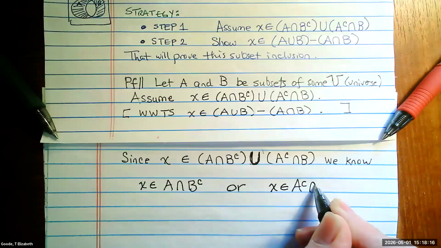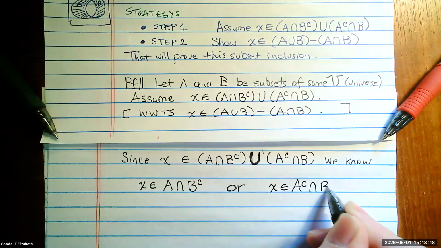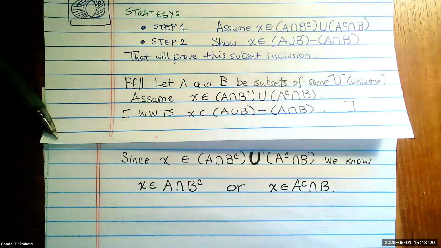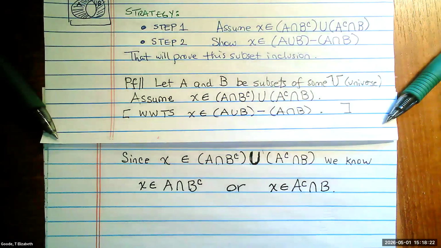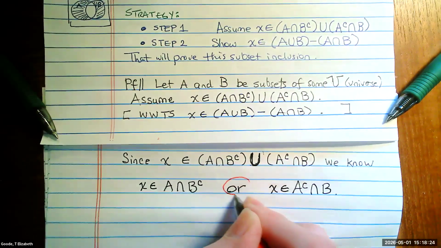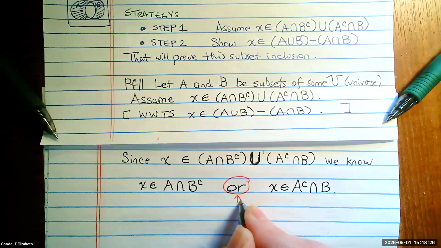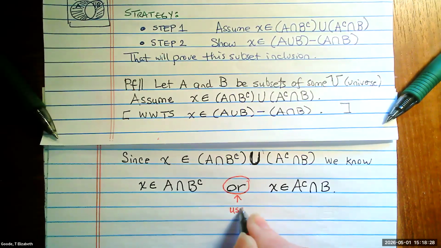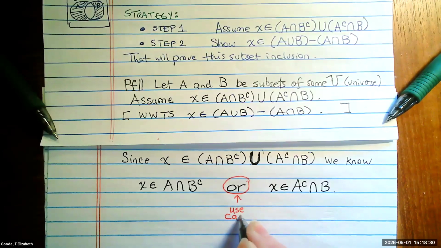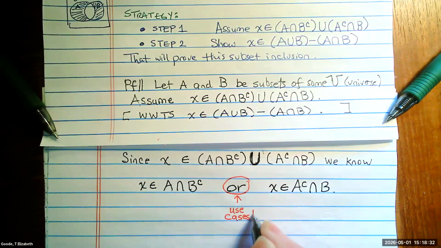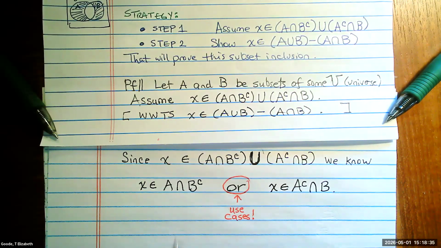So we have an or in a proof. Or always means that we're going to use cases. That's always what or means.